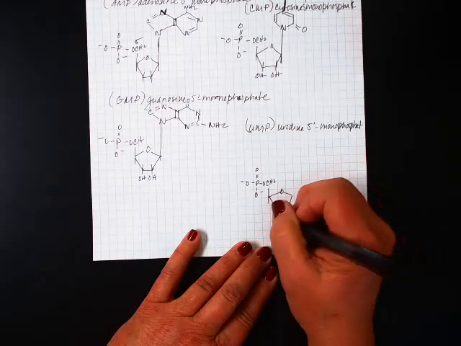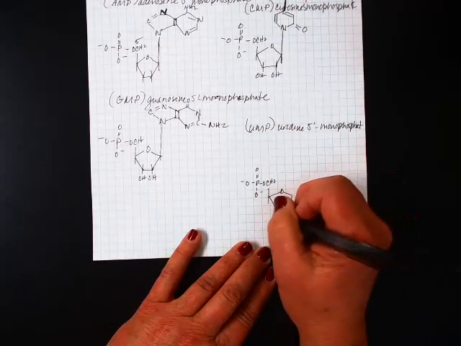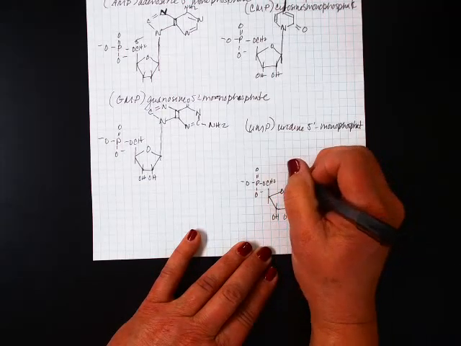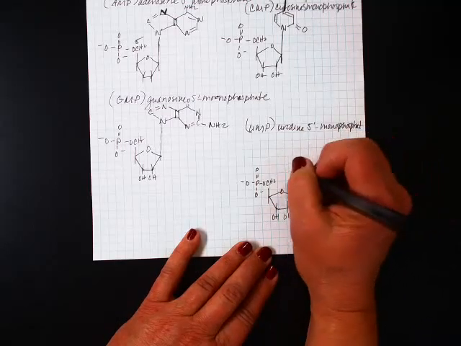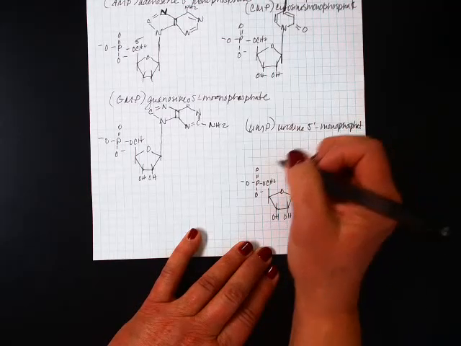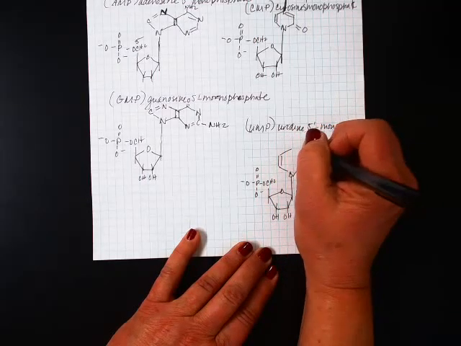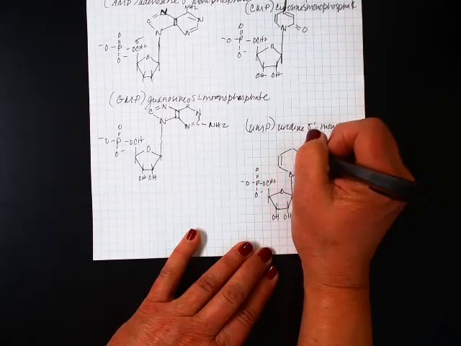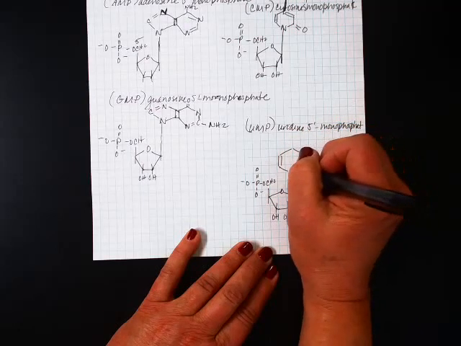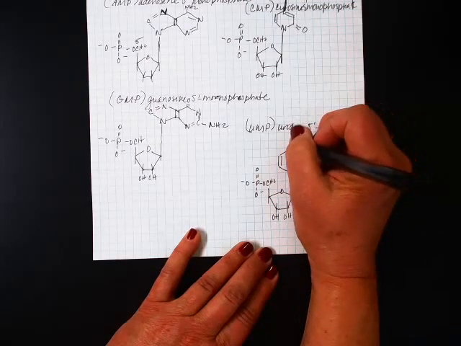And then we have the two carboxyl groups in uridine.